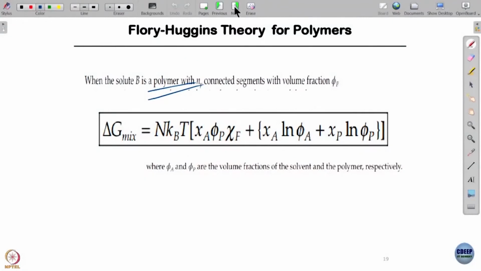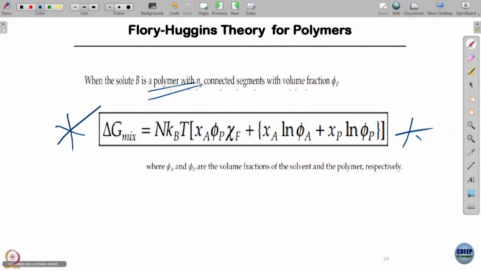We will derive these things when we do the theory of polymers. But right now I am just going to quote it, because this is a beautiful work of Flory, that this same thing goes over in a much more powerful and direct way, where the Flory parameter becomes a really powerful parameter to talk of the properties of the polymer solution, because solvent is so small and polymer is so big.